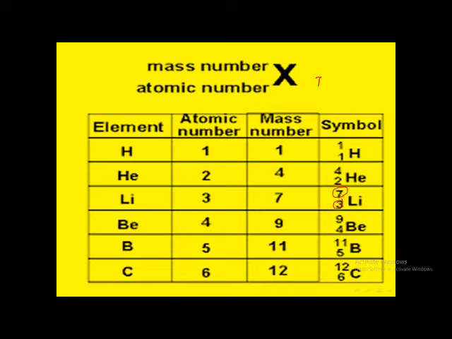This is the mass number, and it is equal to the atomic number, which is 3, plus the number of neutrons. So the number of neutrons here will be 4.